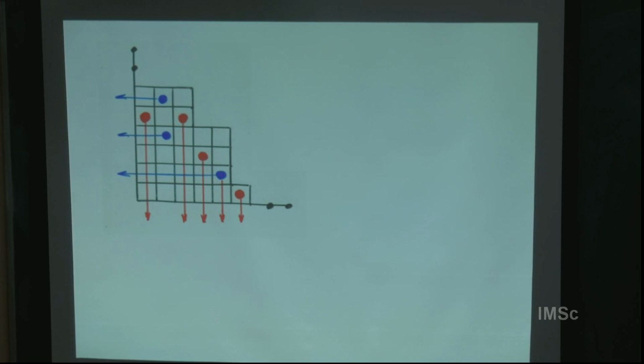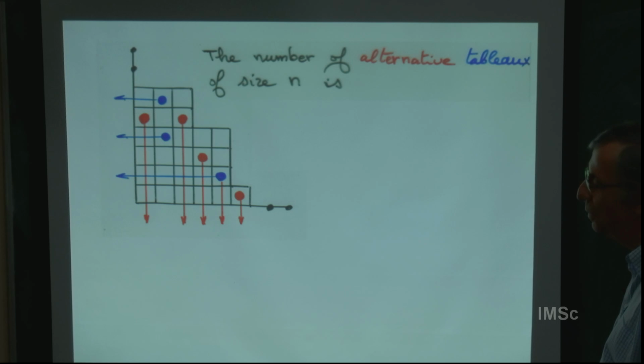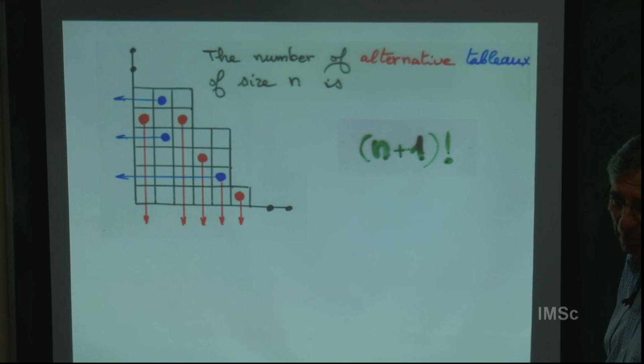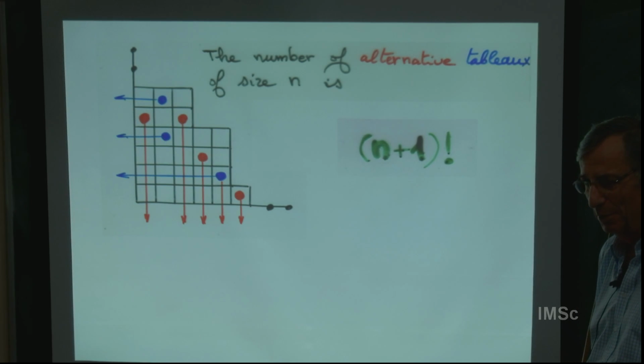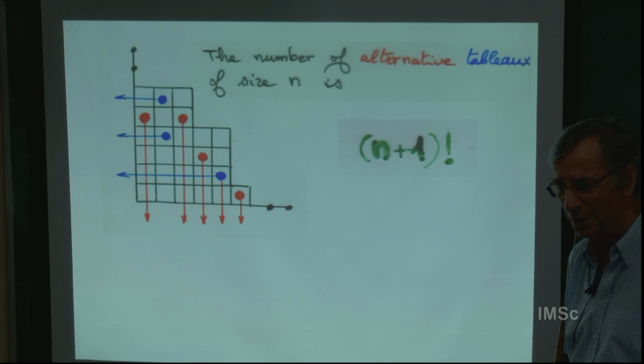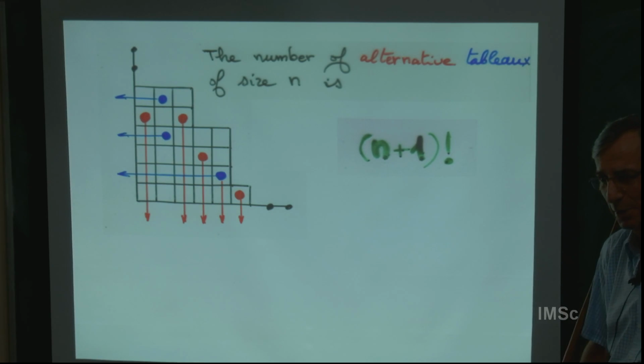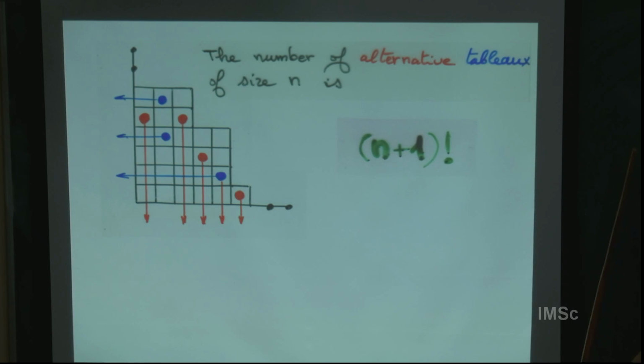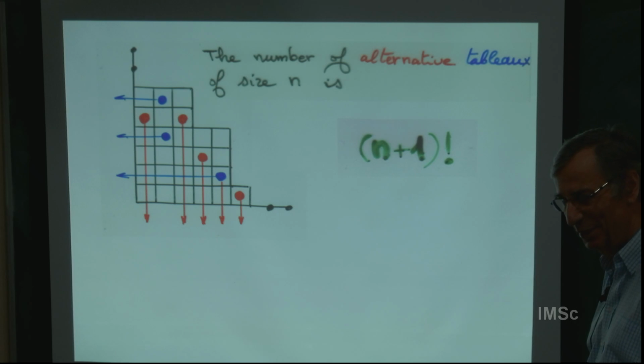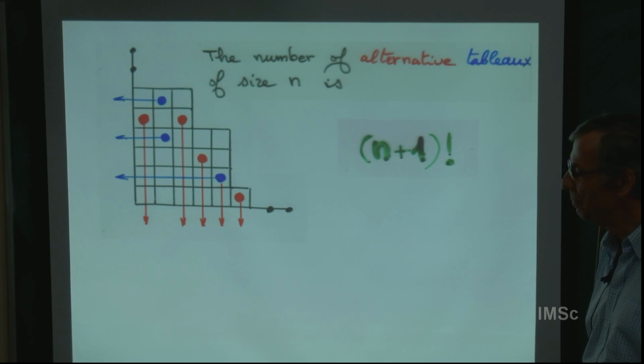And I claim that the number of alternating tableaux of size n is (n+1) factorial. And this is not obvious from the tableau. There are different bijections. I'm not going to give them, no time, but this will be in another class related to the cellular ansatz.